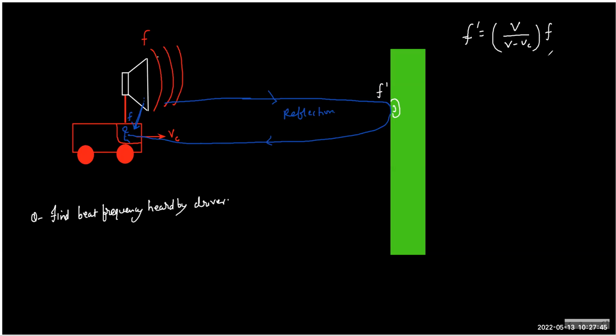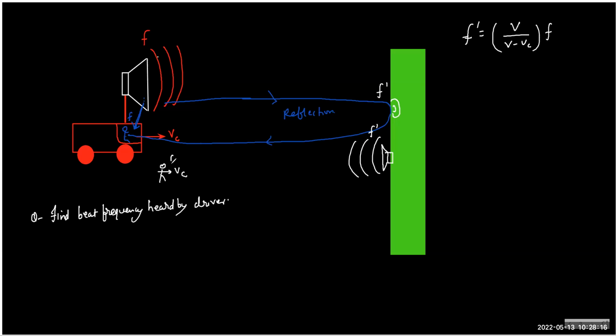Yes, sir. In the second scenario, the driver of the car is approaching the wall. So now after hitting, this will become itself like a source, a virtual source. So now it will emit the sound of value f dash. And now this driver is approaching it with velocity vc.